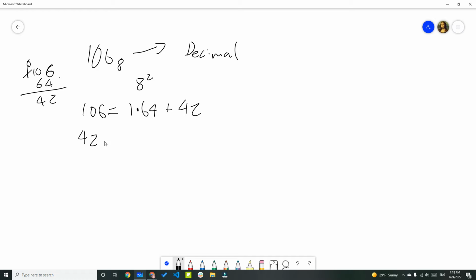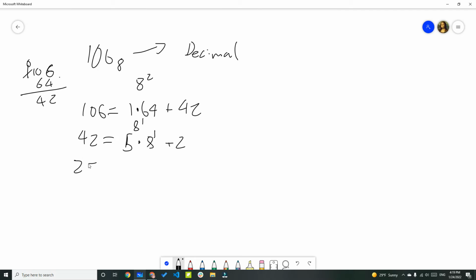So with 42, how many 8s can go into 42? That is 5. So that's 5 times 8 to the power 1, plus 2.